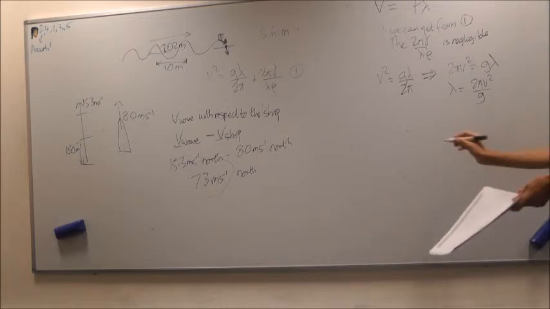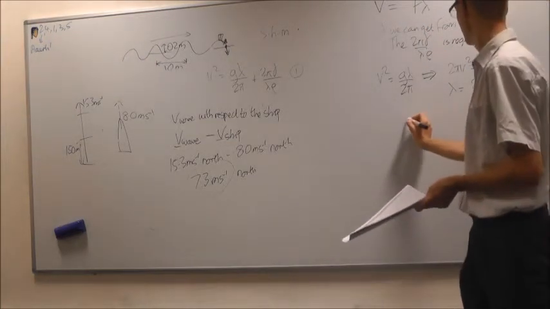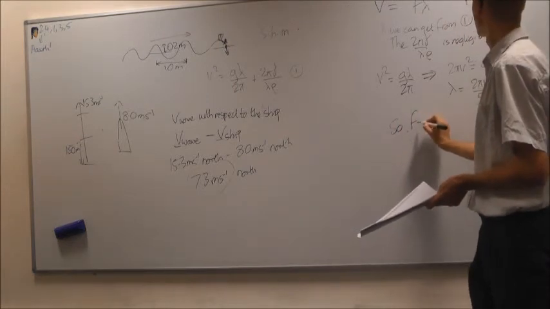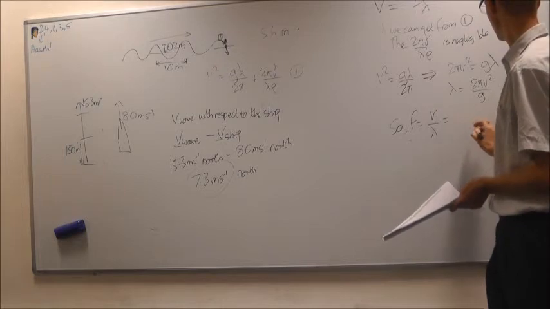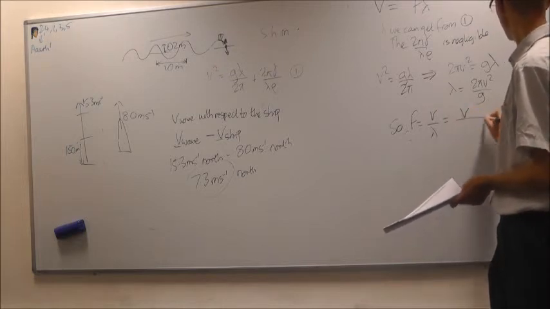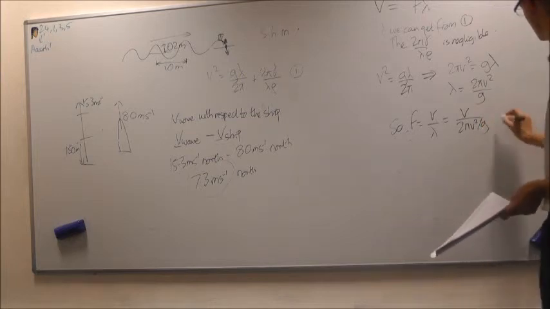So now we can find frequency. Frequency is velocity over lambda, which equals our velocity over 2 pi v squared over g.